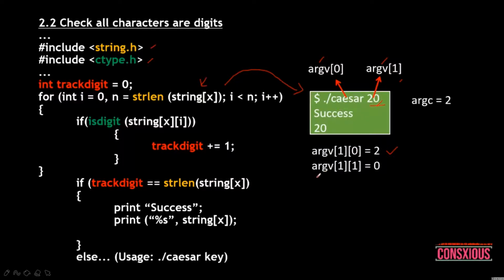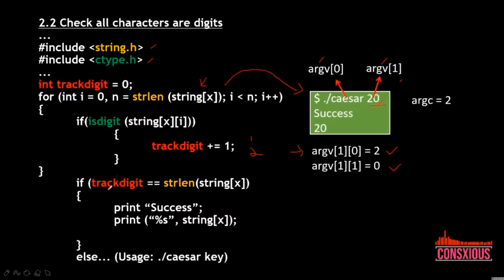So argument vectors 1, 1 is 0. So it's 2, 0. For example, in this round first, if this value is a digit, this track digit will add 1 here. If the second statement is true too, it will become 2.